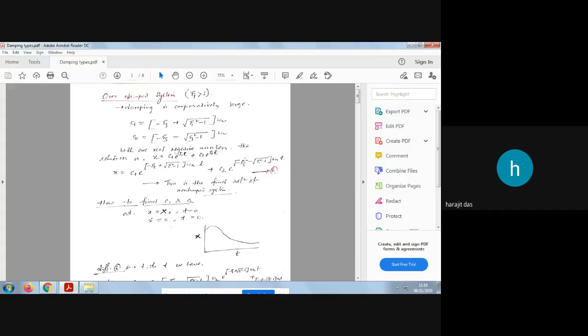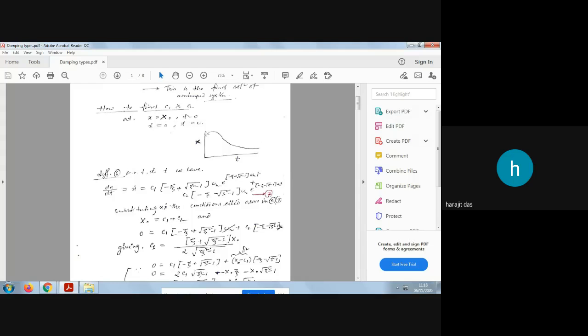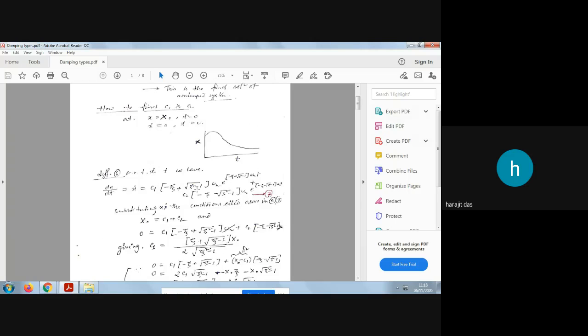Finally, we found the expressions for c1 and c2 by putting in the initial conditions of the displacement and the velocity. In these two equations, one was the equation for displacement, another was the equation for velocity.